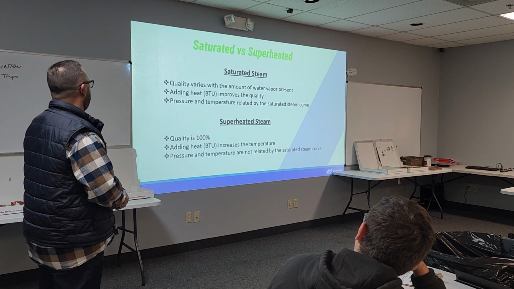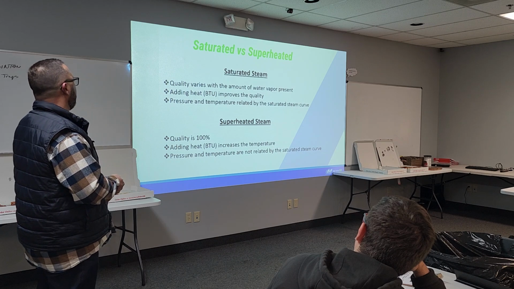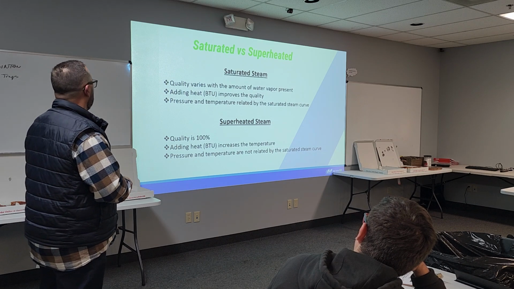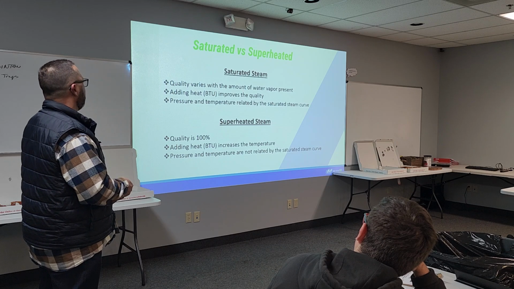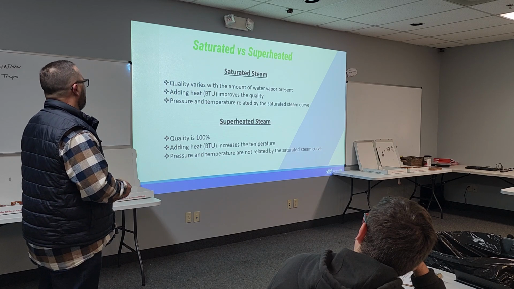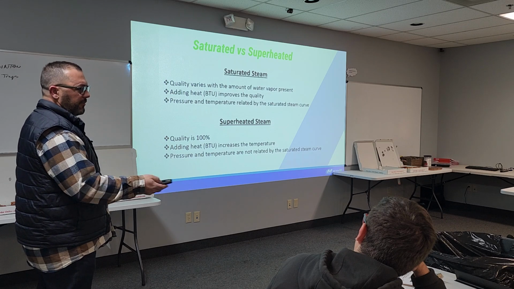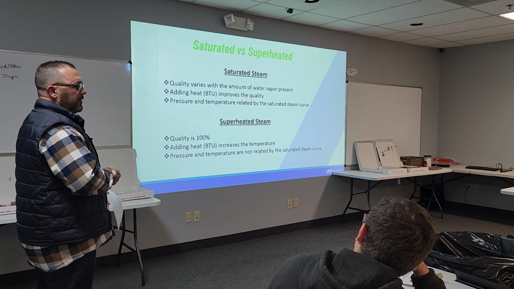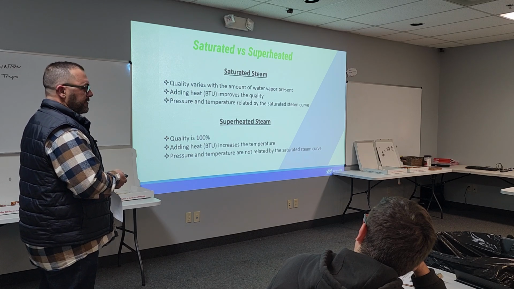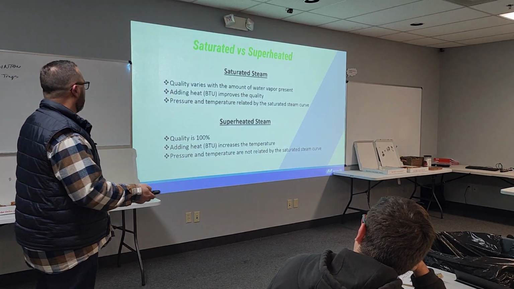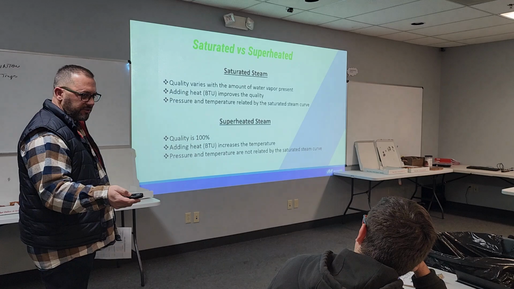Saturated versus superheat. Again, the quality varies with the amount of water vapor present. Adding heat improves the quality. Pressure and temperature are related by the saturated steam curve. When you take saturated steam, like at Ohio State as an example, you create saturated steam, you run it across the turbine, you elevate it, and create the superheat. That is free of all moisture.